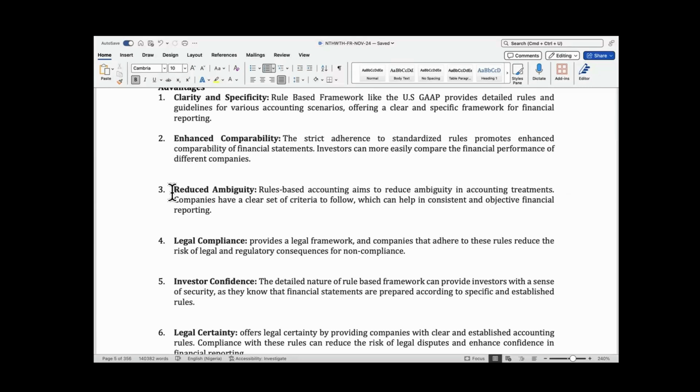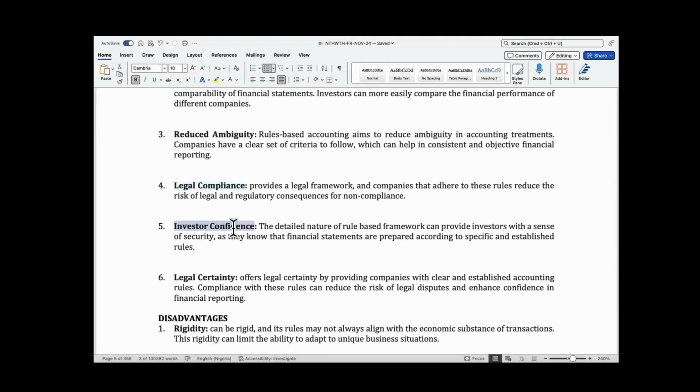So it's going to reduce unnecessary ambiguity in reporting, and it's also going to foster legal compliance, right? Because it's a rule, and if you don't follow it, there will be a penalty. So a lot of entities would easily want to comply. Because of that, it's going to increase investors' confidence, and there is legal certainty. You know that there won't be any legal dispute.